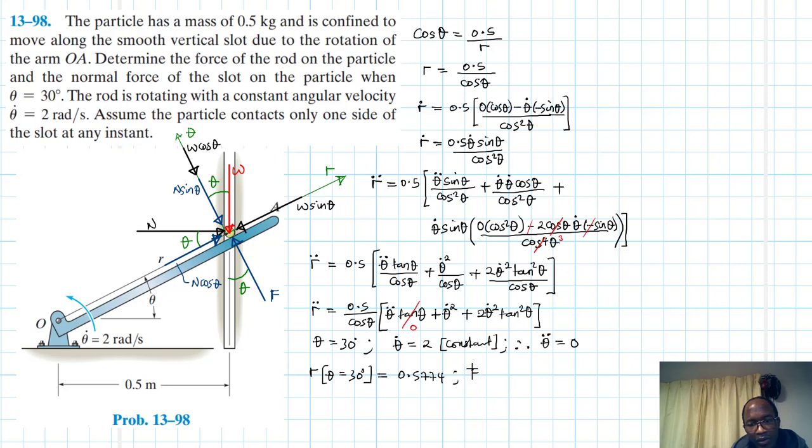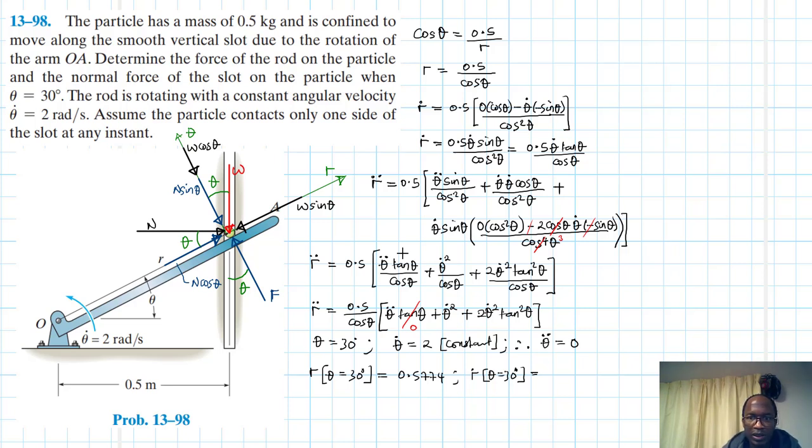Okay, then we have R dot at theta equal to 30 degrees. Let's work it out. So it's 0.5 by theta dot, which is 2. Let's simplify this further. This just becomes 0.5 theta dot tan theta divided by cos theta, right?